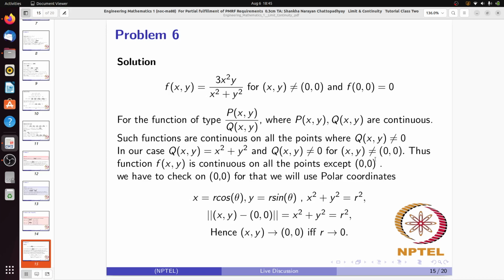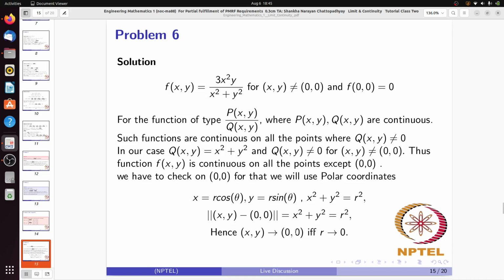For that we will use the polar coordinate transformation. Here x equals r cos theta, y equals r sin theta. This is the standard polar coordinate transformation, and x square plus y square equals r square. So the norm of (x,y) minus (0,0) is r.